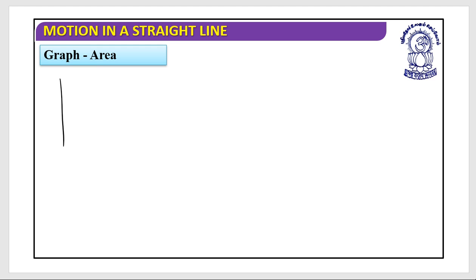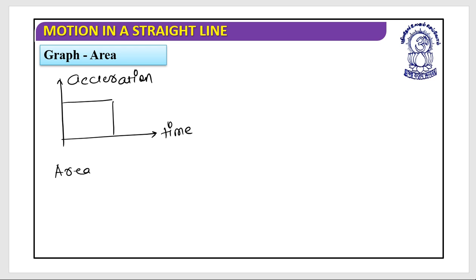Next, if the graph is for acceleration versus time, then the area of this graph will be the change in velocity.